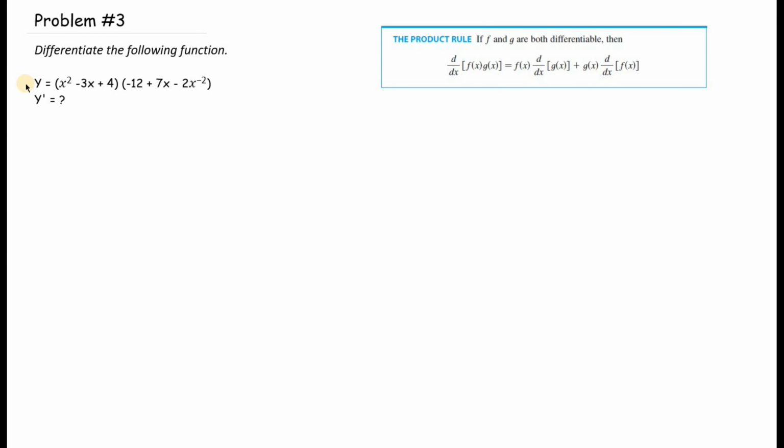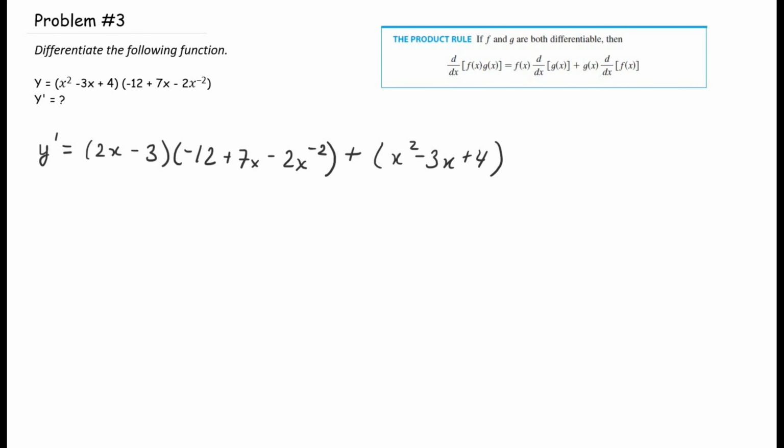So for the third problem, we have x squared minus 3x plus 4 times minus 12 plus 7x minus 2x to the minus 2. And in this case, your x squared minus 3x plus 4 would be considered the first function, and minus 12 plus 7x minus 2x to the minus 2 would be considered your second.